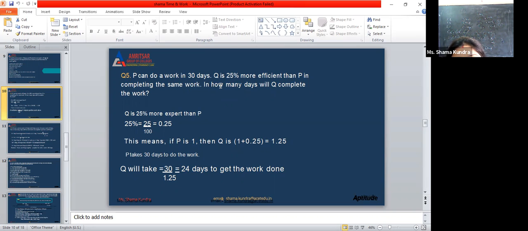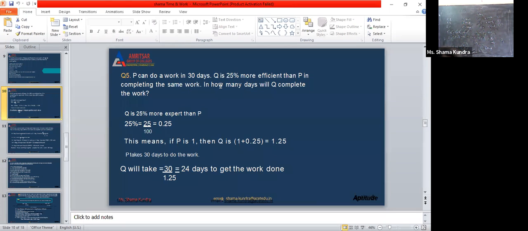Say if P does 1 by 30 amount of work, then Q does 125% of 1 by 30. Because if Q is 25% more efficient, say this is P, this is Q, if P collects 100 pebbles, how much will Q collect? 125 pebbles.